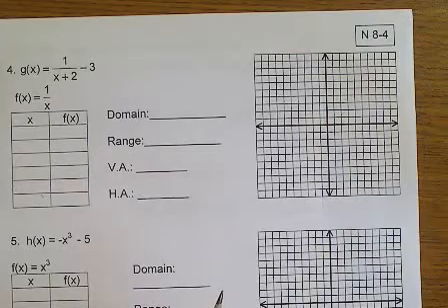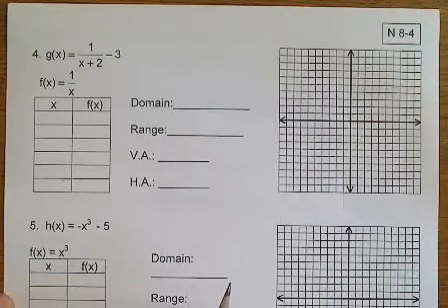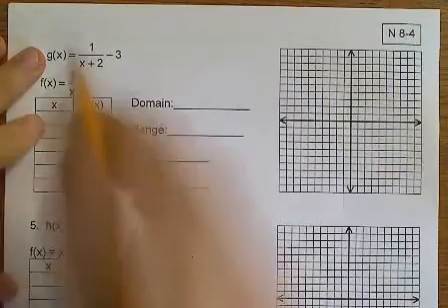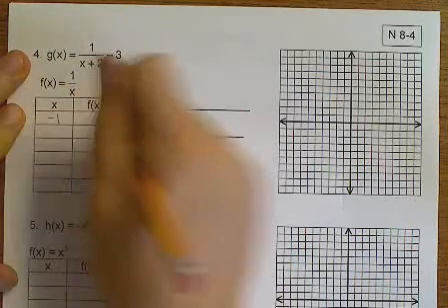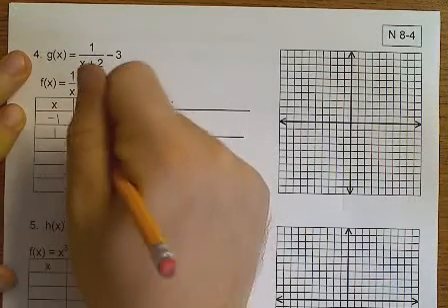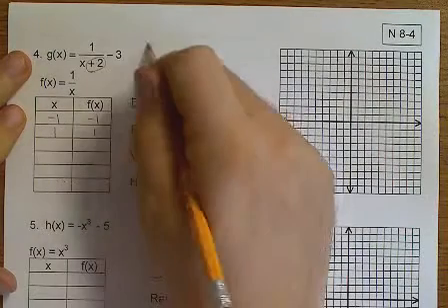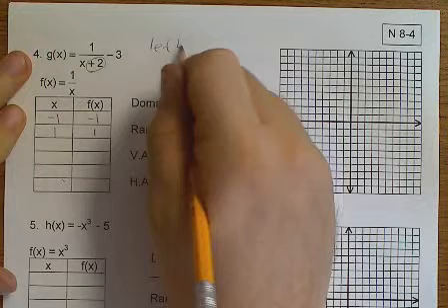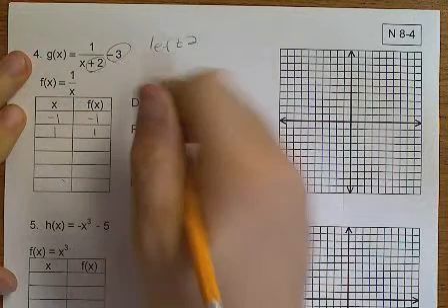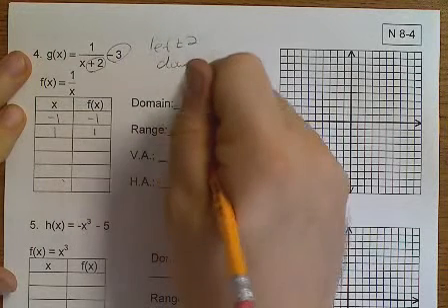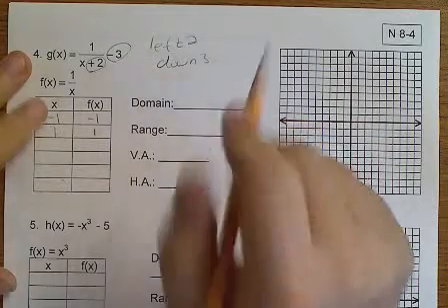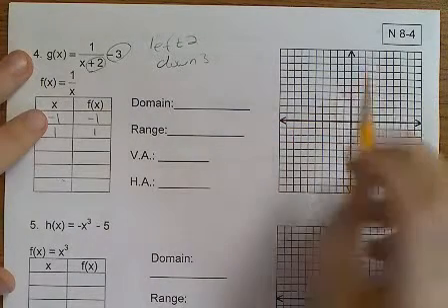Moving on to example number 4. We have another rational function, so -1, -1, 1, 1. The +2 means that we're going to move left 2. -3 means down 3. So start at -1, -1.